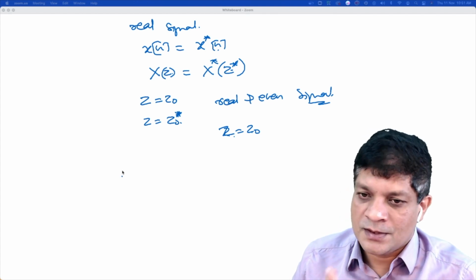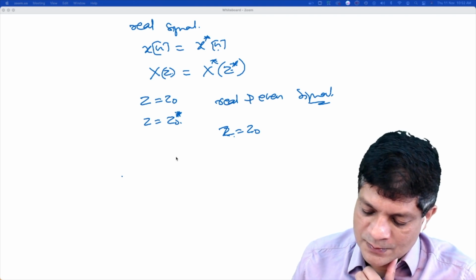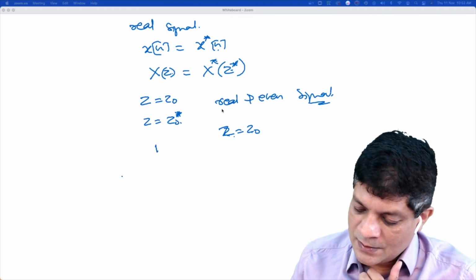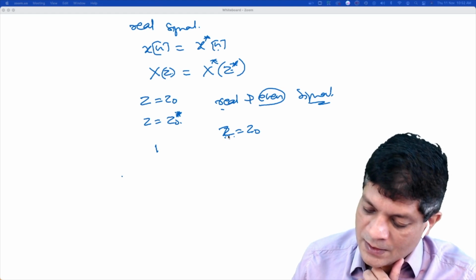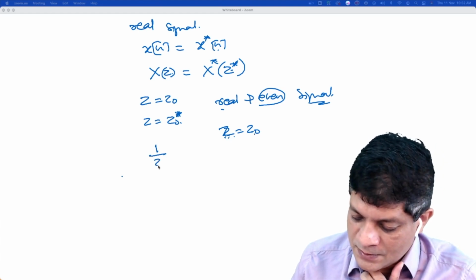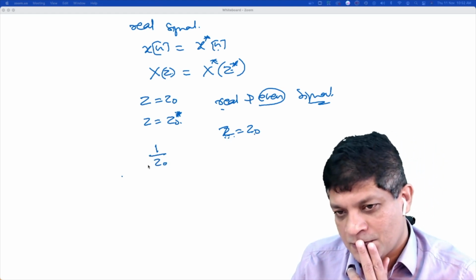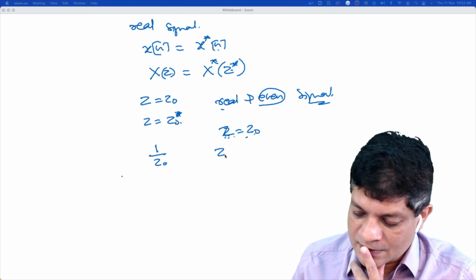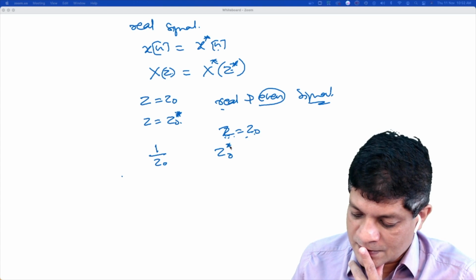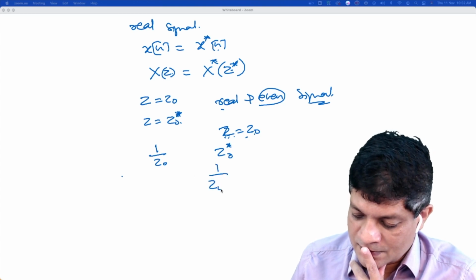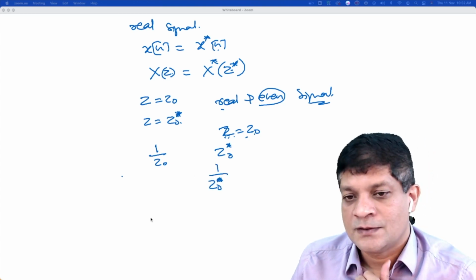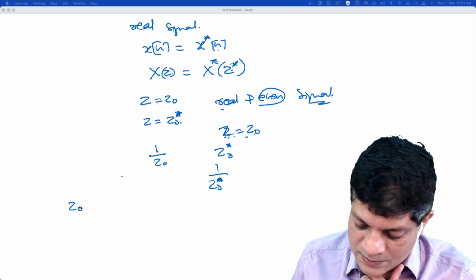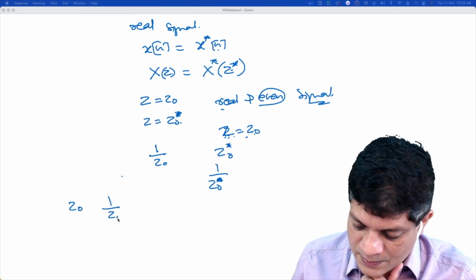There are at least three more poles. If the signal is even and there is a pole at z naught, there is another pole at 1 by z naught. And if the signal is real, then there is a pole at the conjugate as well, isn't it? So there will be 4 poles: z naught, 1 by z naught, and their conjugates.